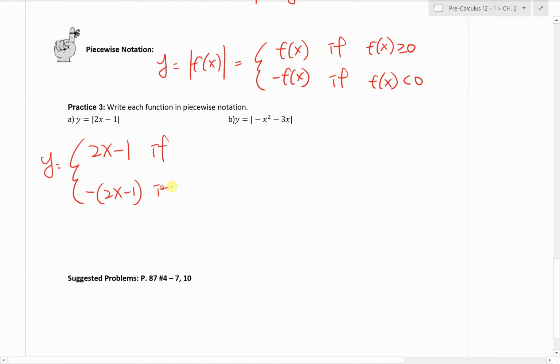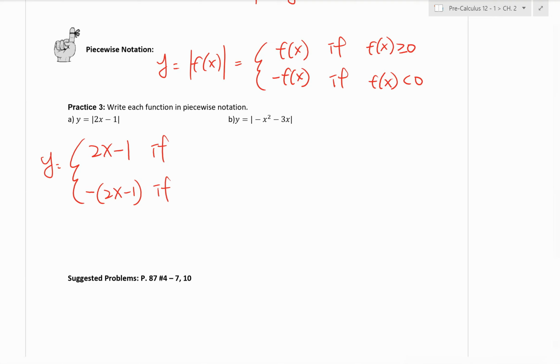And when do we use each of these two notations? Well, again, we keep it as it is if the function is positive. So what we need to think about is, for what x values is this function positive? If you think about that, we're looking for the x-intercept, our critical point.